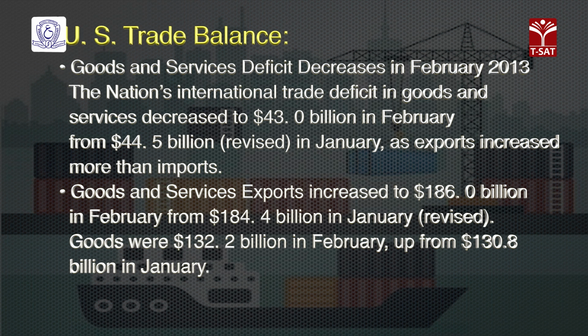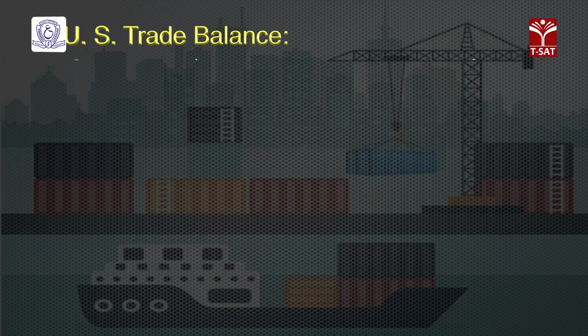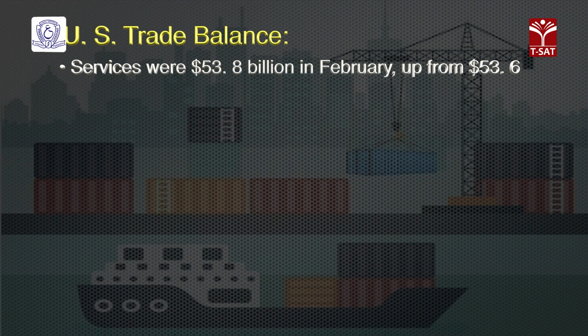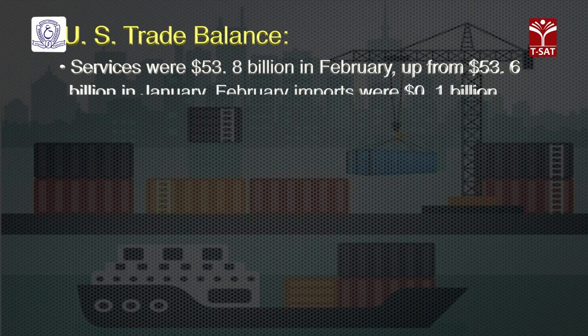This data was also the revised version. Goods were $132.2 billion in February, up from $130.8 billion in January. Services were $53.8 billion in February, up from $53.6 billion in January.